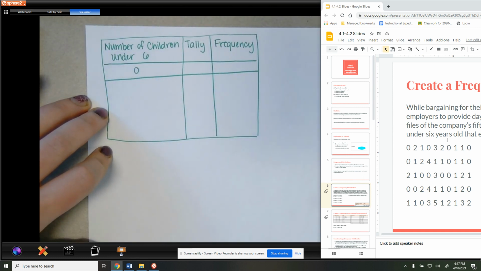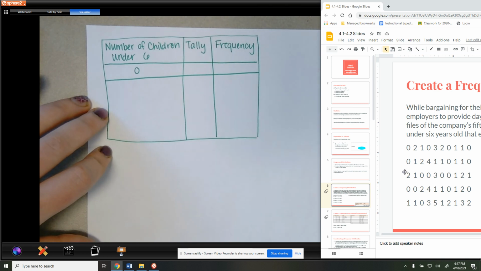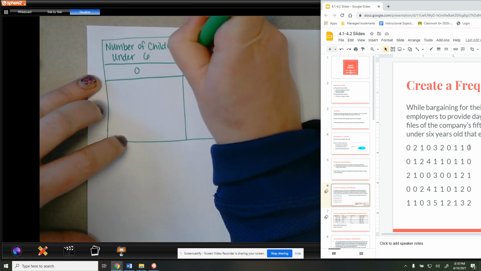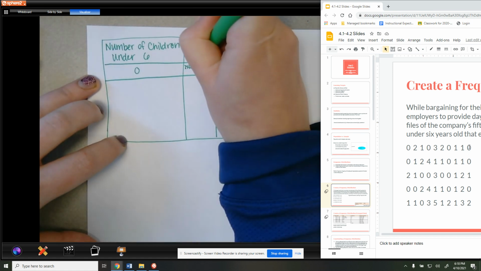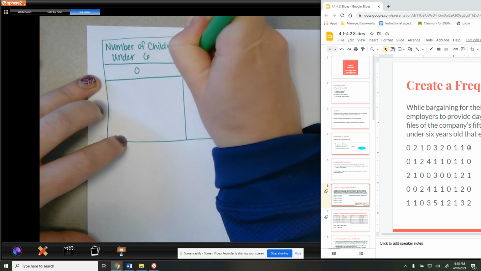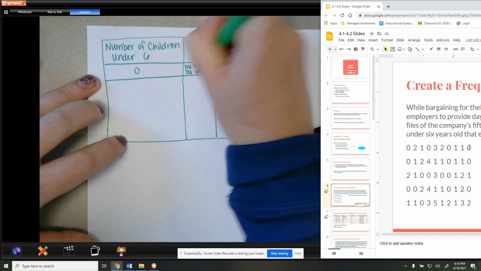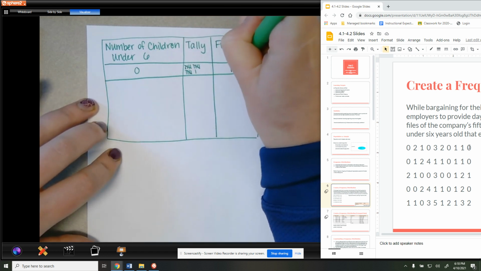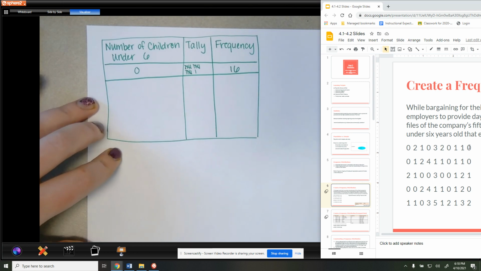So I'm going to count up all the zeros I have. 1, 2, 3, 4, 5, 6, 7, 8, 9, 10, 11, 12, 13, 14, 15, 16, I believe. So I should be tallying all that way. 16 total. So my frequency is 16. All right, not too shabby.